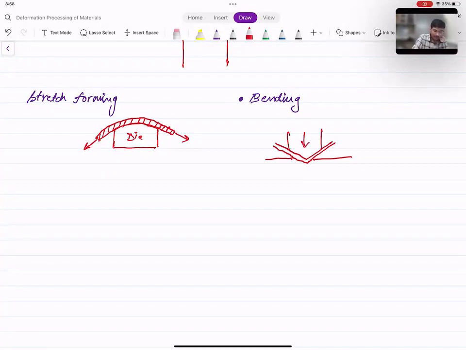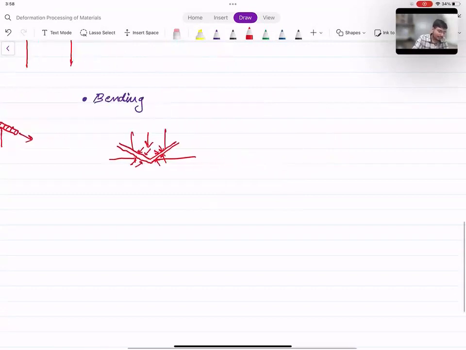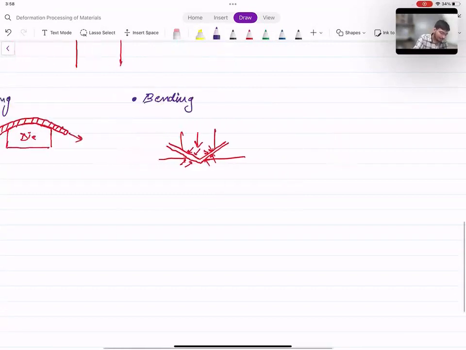Here this punch tries to bend it down. These are the compressive forces acting here. So this is the bending type operation, and in shearing, shear forces are applied.